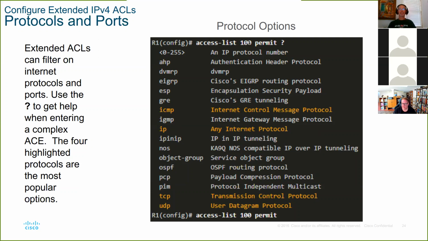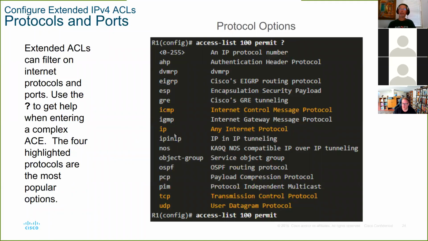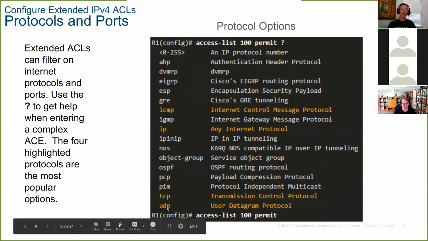Okay, so access list 100 permit, and then all these other things. There's more stuff in the extended than there is in the standard. We're going to focus mostly on ICMP, IP, TCP, and UDP.